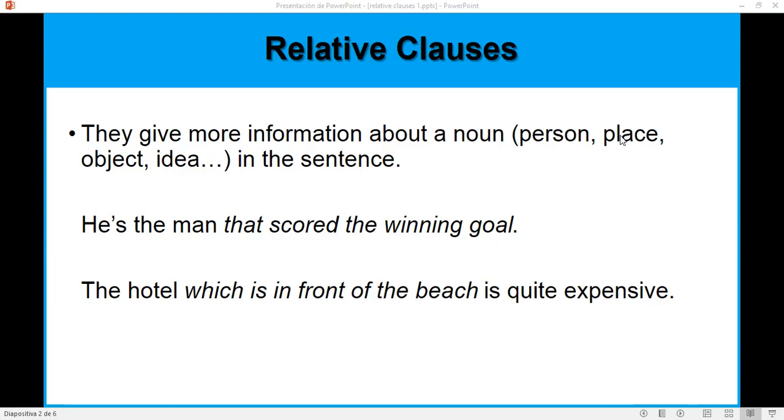We know that his car is red, but you are giving extra information because you can only say, his car is expensive. But if you want to add extra information about the noun, you can say, his car that is red is expensive. So you are adding information. And that is the second part. Okay, next.